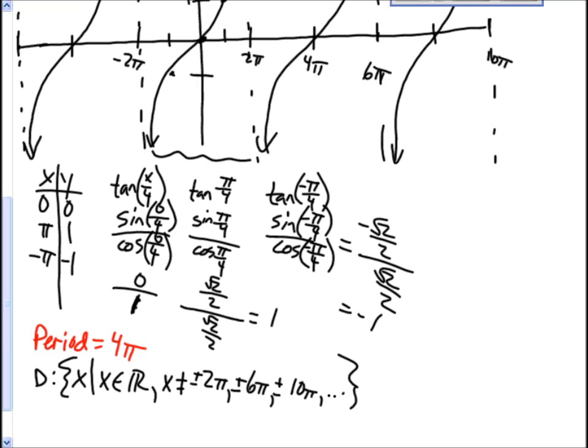Or if you want, you can generalize that formula. You notice that the difference there is 4 pi. Your range is, it could be anything, and so on. Of course, this one's also an odd function. So you kind of get that.